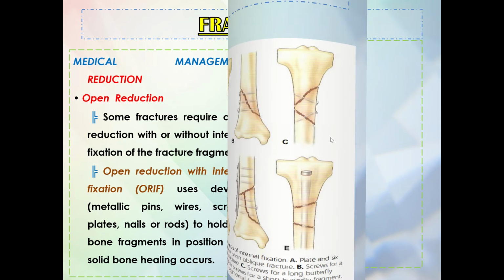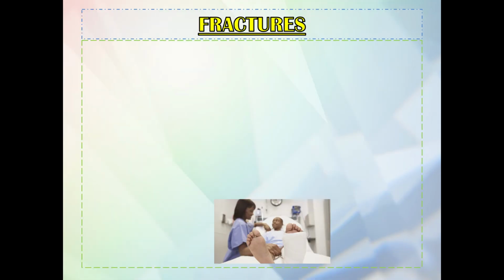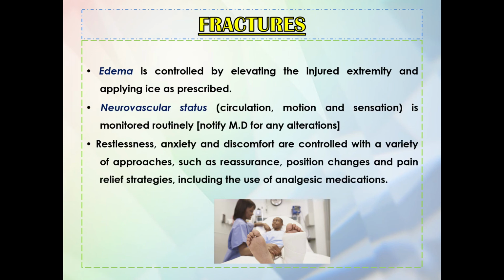That is the internal fixation. Methods of external fixation may include bandages, casts, splints, continuous traction, and external fixators. Those are the modalities we discussed previously, the ways to immobilize the fractured bone.